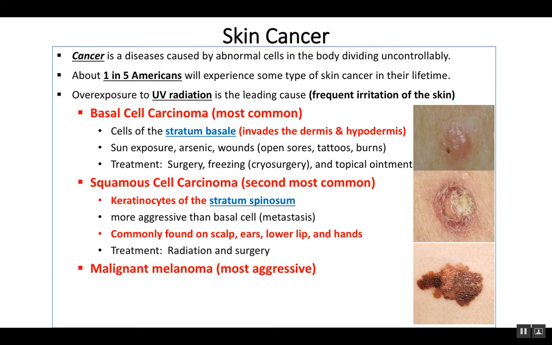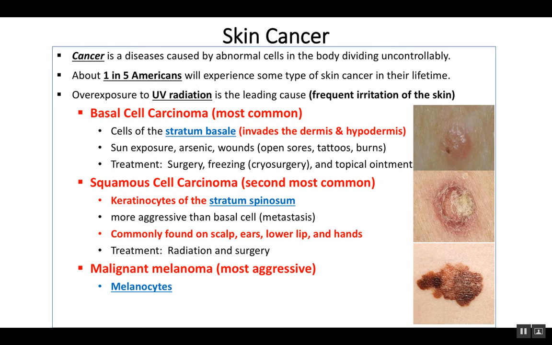Finally, malignant melanoma. It is by far the most aggressive form of skin cancer, but it only makes up about 2% of all skin cancers. The risk of developing melanoma in your lifetime is about 1 in 75. This number has increased dramatically over the years, largely due to erosion or depletion of the ozone layer, but also the increased use of tanning beds and exposure to sunlight.